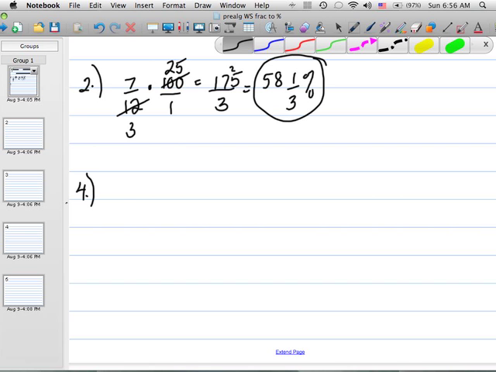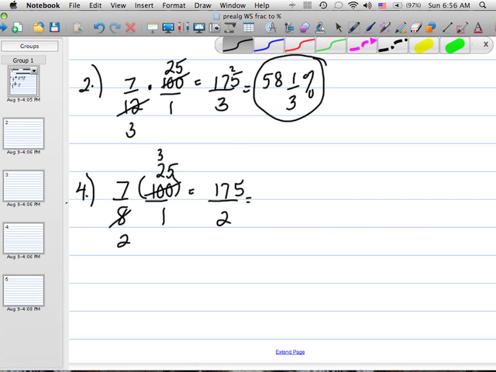Problem number 4, we have 7/8. Change it to a percent, multiply by 100. 4 goes into 8 2, 4 goes into 100 25. 7 times 25, 7 times 5 is 35, 7 times 2 is 14, plus 3 is 17, so 175 over 2.